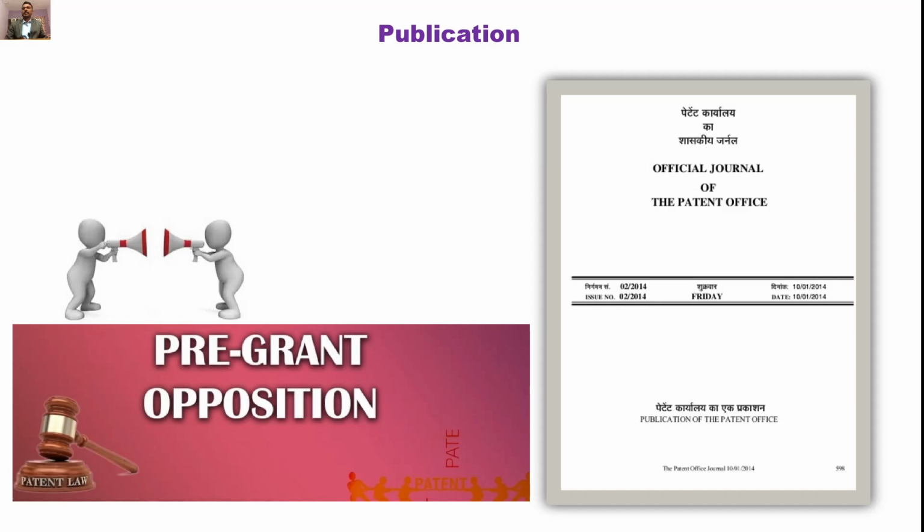There is a time limit for that, which we will discuss later on. So as soon as your patent application is published in the official journal, the pre-grant opposition phase starts. And you can see from this diagram, people can file oppositions and objections in the prescribed format by paying the prescribed fees, and then those are taken care of.